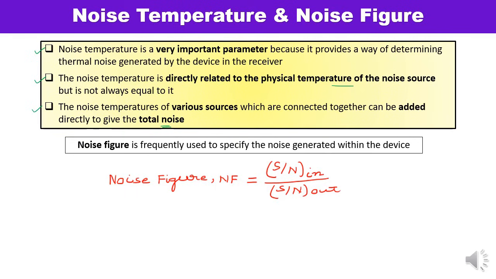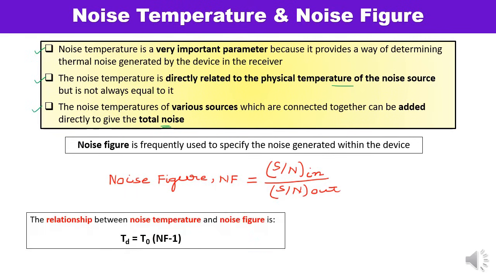The relationship between noise temperature and noise figure can be written as Te equals T0 (NF minus 1). Here NF is the noise figure and T0 is a reference temperature used to calculate the standard noise, and the value of T0 is usually 290 Kelvin. This is important. You must remember the formula.